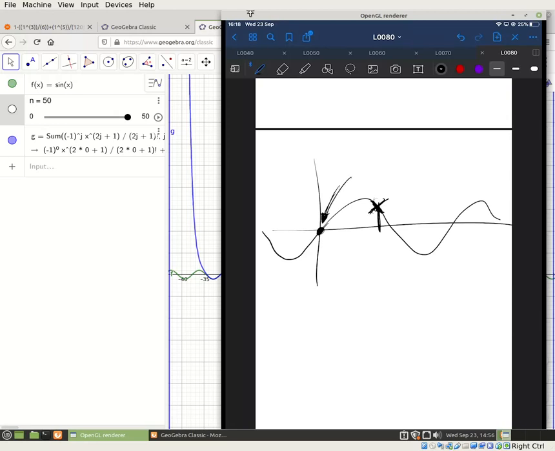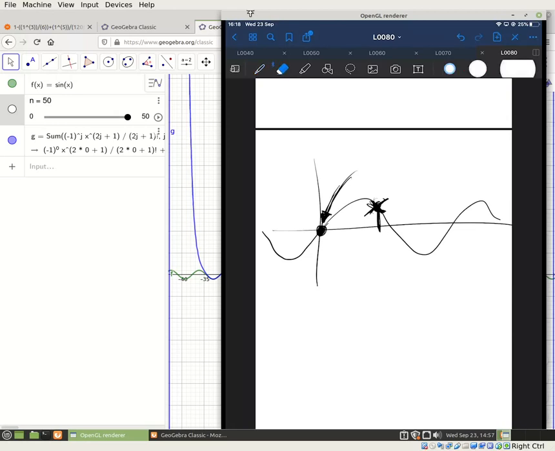So somehow, and this is the magic of Taylor polynomials, somehow knowing all the derivatives of a function at a certain point gives you information about its values at a different point, at all different points, which is quite magical.